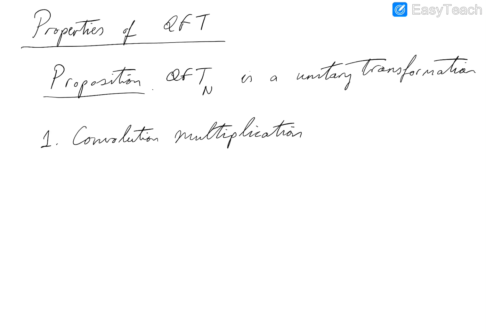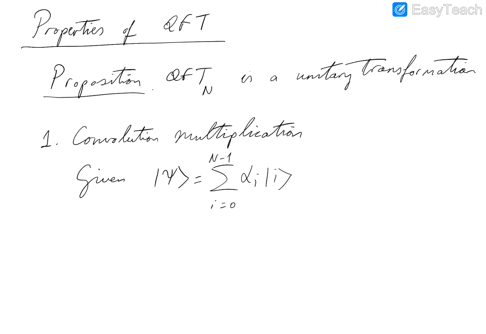Now, if we have an n-dimensional quantum state psi, from i equals 0 to n minus 1, the amplitudes are alpha i.